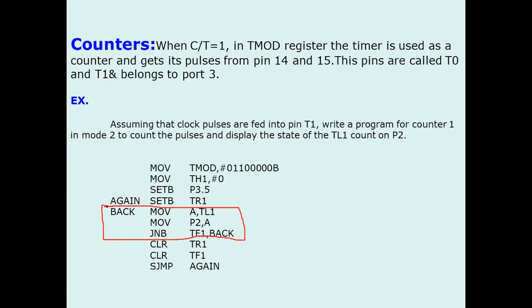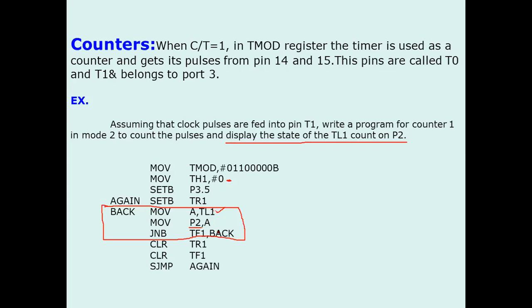See that TH1 is loaded with 00H, so by default in mode 2, this 00 is loaded into TL1 also. So first the count is 00H. This 00H is given to the A register, the accumulator, and MOV P2, A. Our objective was to display the state of the TL1 count on P2. TL1 count is 00H, so that is transferred to P2.